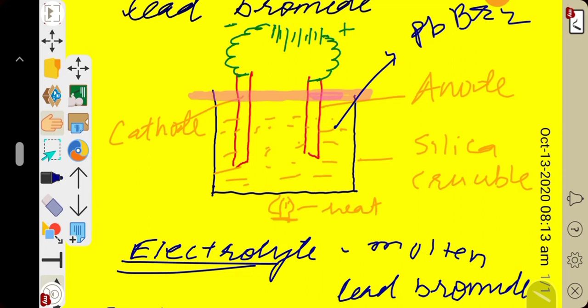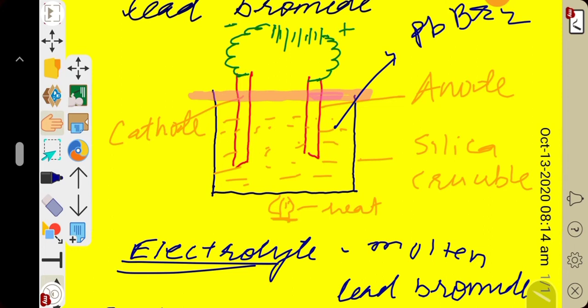They take immediate action to move. Pb2+ will migrate toward the negative electrode, that is the cathode, while Br- will move toward the positive electrode, that is the anode. We all know the function of the positive and negative electrodes.